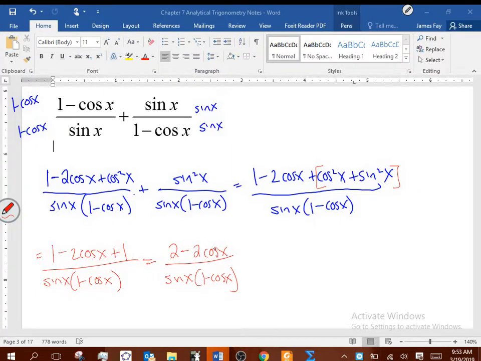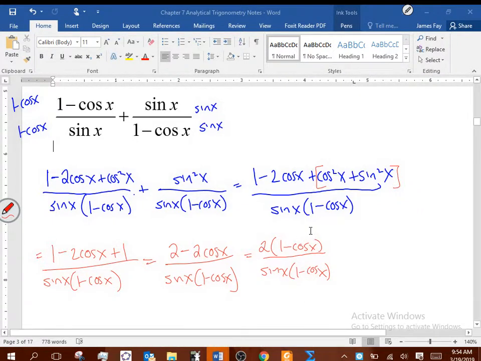How can I get this one to look like that one? Okay, take a 2 out. If I take a 2 out, do I generate that 1 minus cosine x? And now what's going to happen with those 1 minus cosine x's? Cancel. So I'm left with 2 over sine of x.